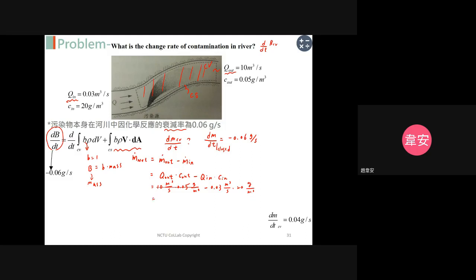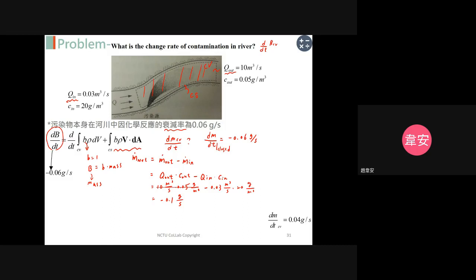You can use your calculator: 10 multiply 0.05 minus 0.03 multiply 20. So the net mass flow rate is minus 0.1, and the unit is g per second.